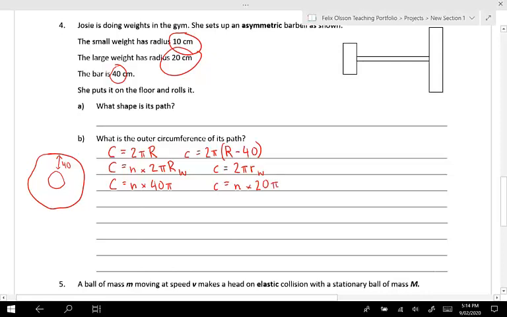Okay, so now we can just use these equations to hopefully sort out what big R is. If we find big R, then we know big C. So we can find either big C straight away, or we can find big R. It's probably a bit of fiddly mathematics to get there, but you can do it.